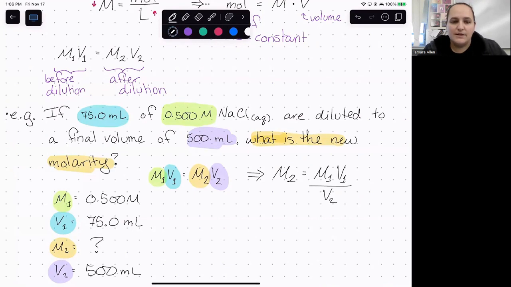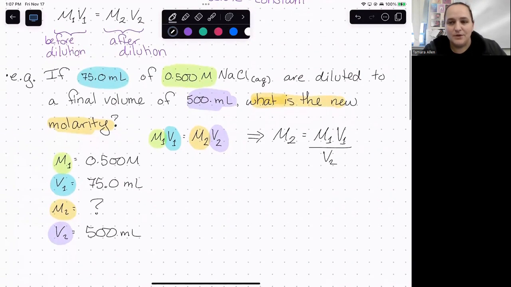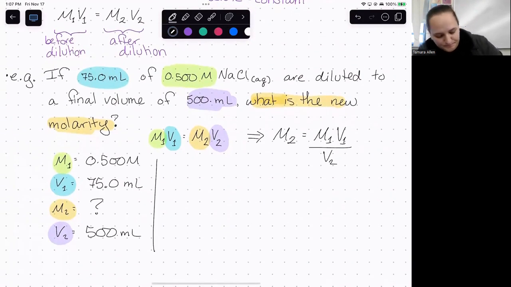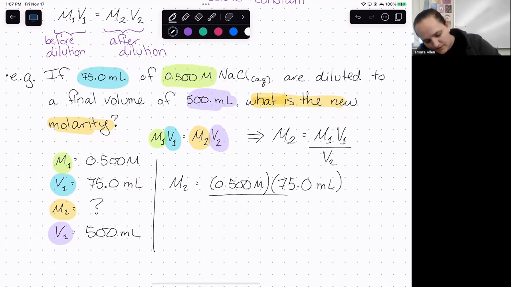And once we recognize all of that, it's just a matter of plugging in the information that we were given. So M2 is going to be equal to M1 was 0.5 molar, V1 was 75 milliliters, and V2 was 500 milliliters.